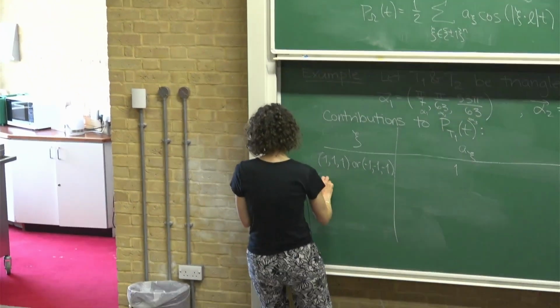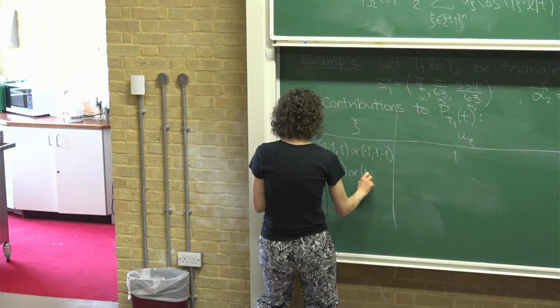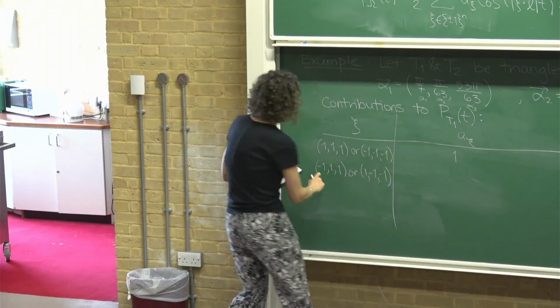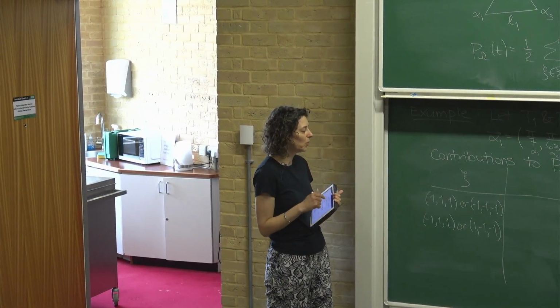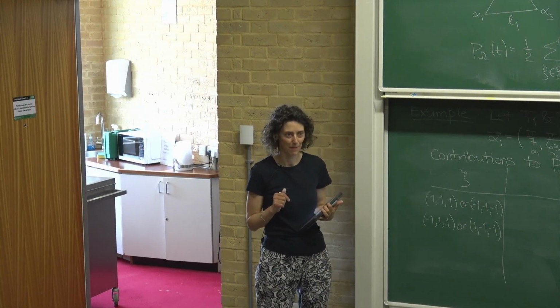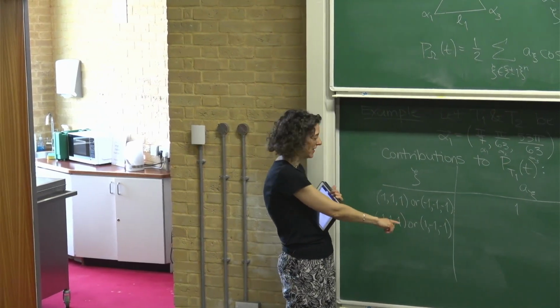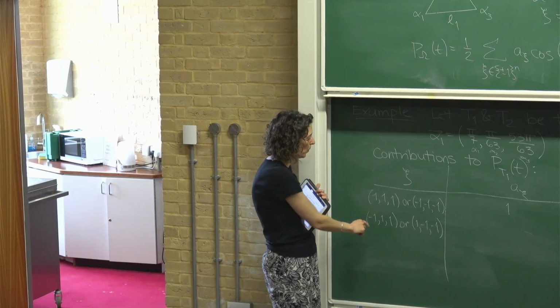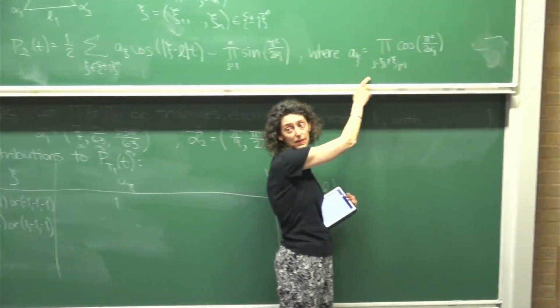Let's change the first sign. So -1, 1, 1, or 1, -1, -1. I claim those are equivalent. Okay, we can come back to that in a second. So where do my switches occur, right? That's what's coming into A_C.